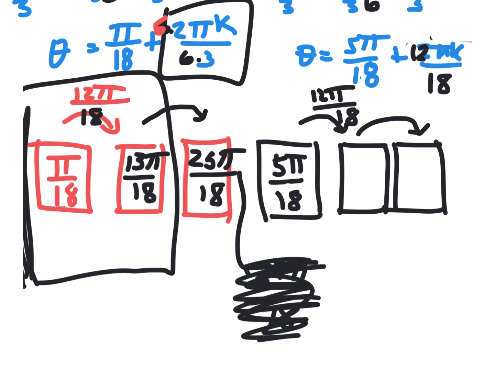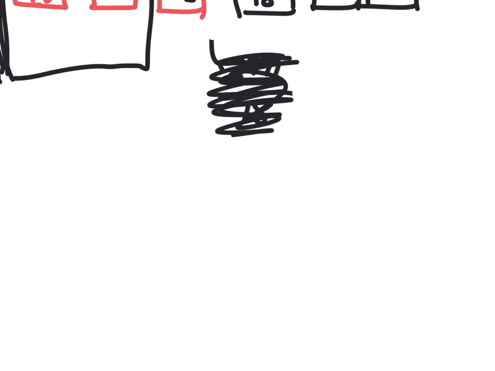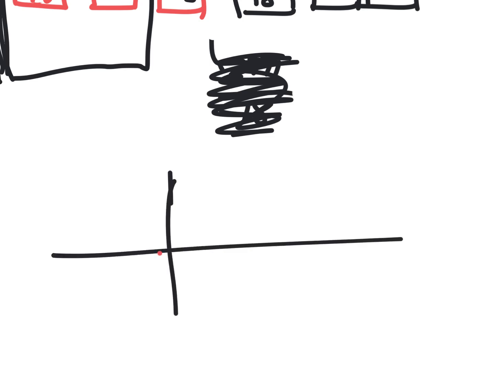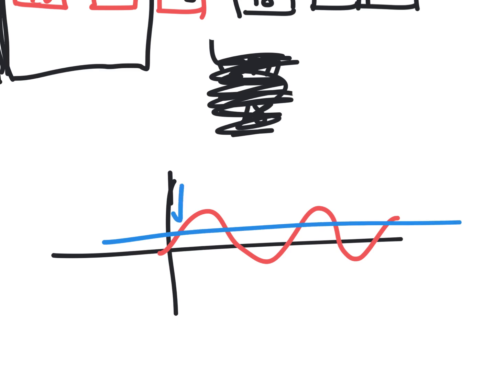Question: why are you adding the k? The k is just how many times do you want to add 2 pi? The reason it's called 2 pi k in the first place is, back to this sine wave, it hits a whole bunch of times. If you get an answer here, we're going to add 2 pi to go over here. So why don't I just say add 2 pi?